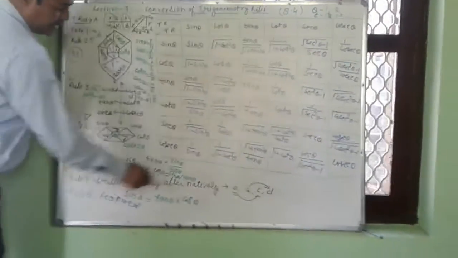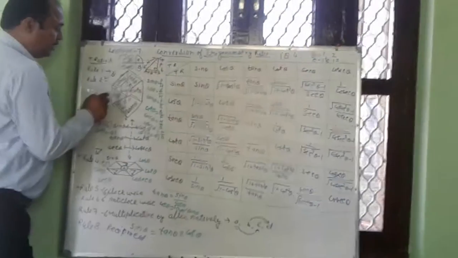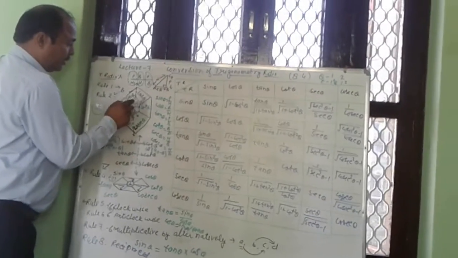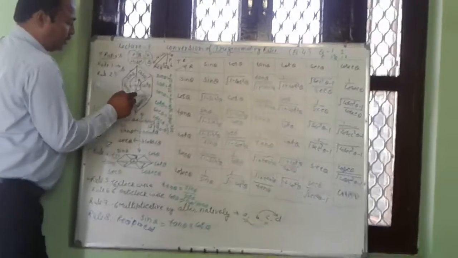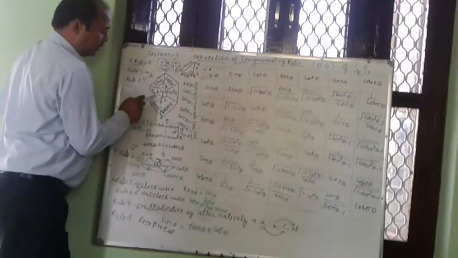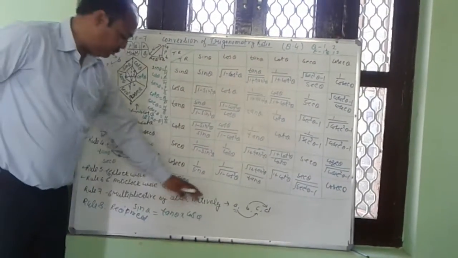This is the alternative method. So suppose sin theta is cos theta into tan theta. Cos theta is sin theta into cot theta. Cot theta is cos theta into cosec theta. Cosec theta is sec theta into cot theta. Sec theta is tan theta into cosec theta. So similarly, 6 formulas come from here.